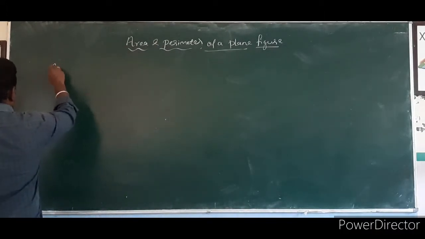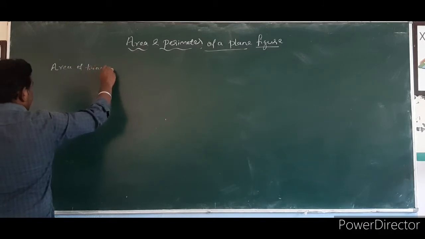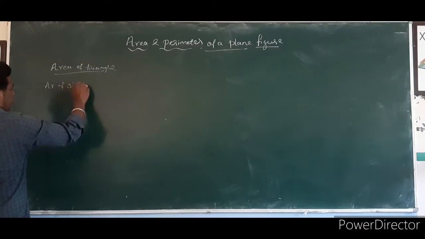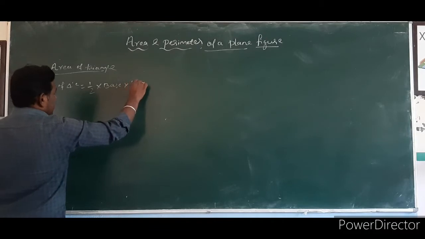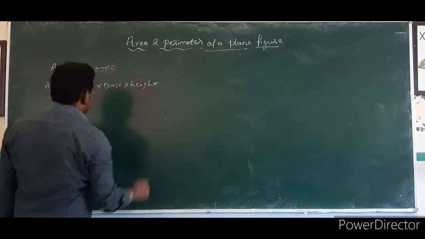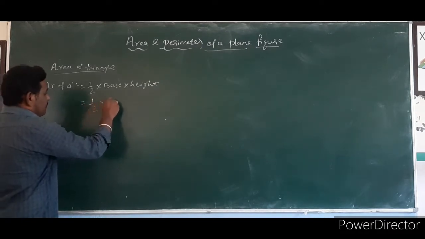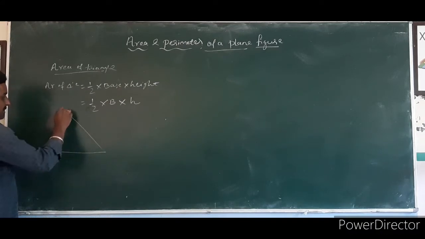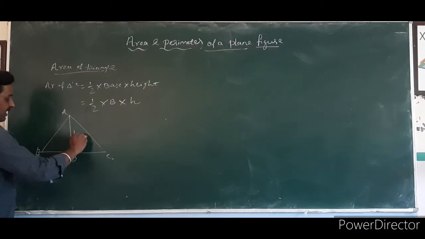So area of triangle. We know the formula for finding the area of a triangle: half into base into height, half into B into H. Normally, if a triangle is given like this, ABC, BC is the base, and AD is the height.